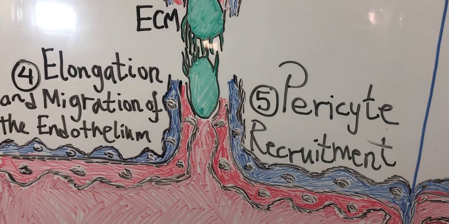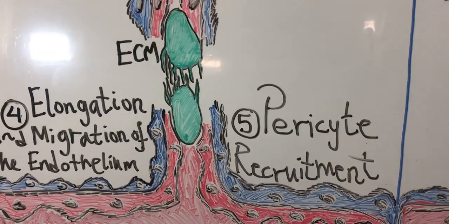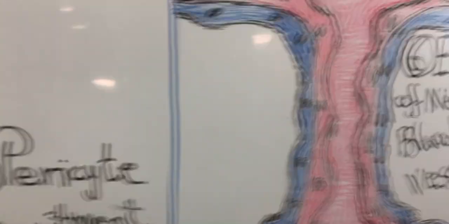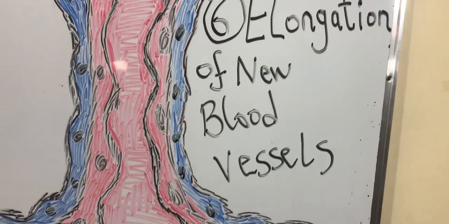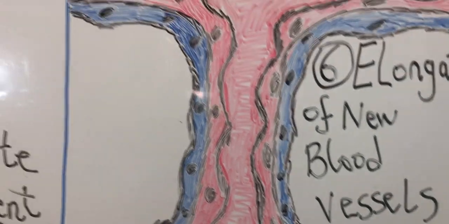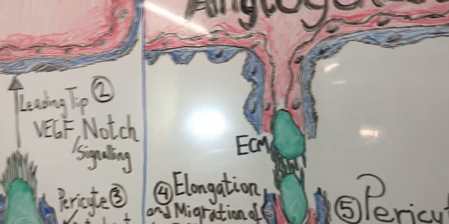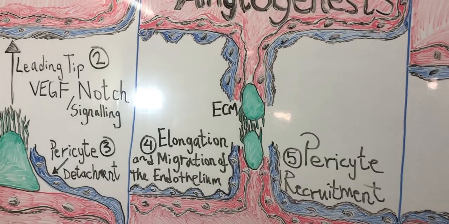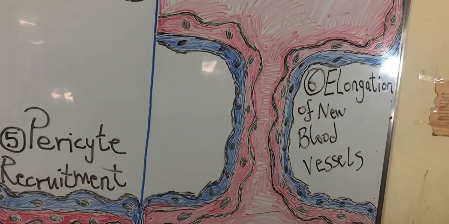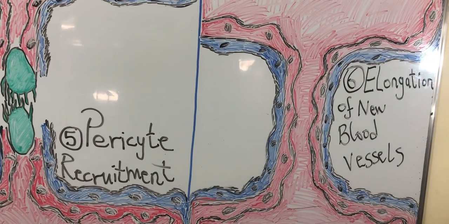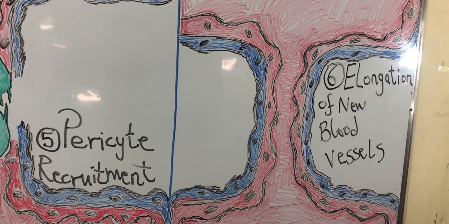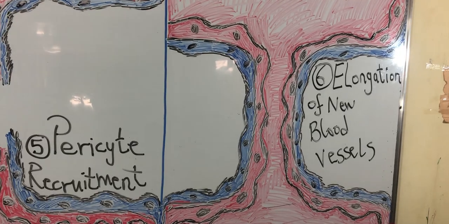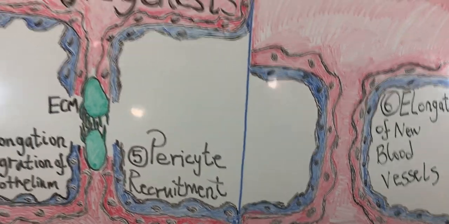This blue layer of cells will be recruited to the site of the making of these new blood vessels, and then we would have a successful elongation of the new blood vessel. This is pretty simple. You see how we start off with two separated blood vessels, and they migrate towards each other, then elongate, and after a while we have a new blood vessel that was made.